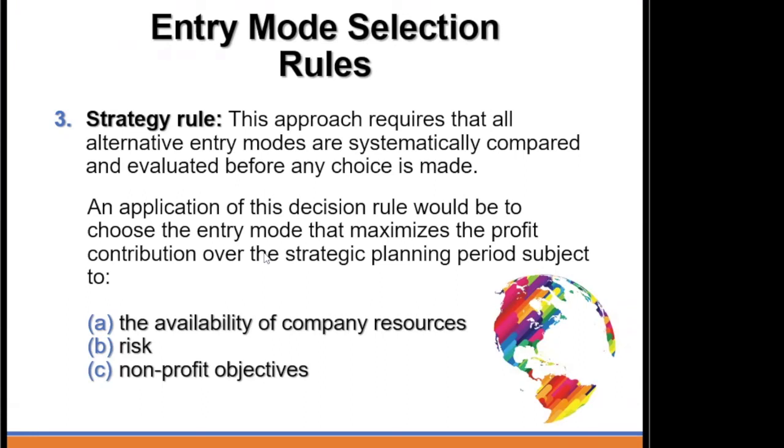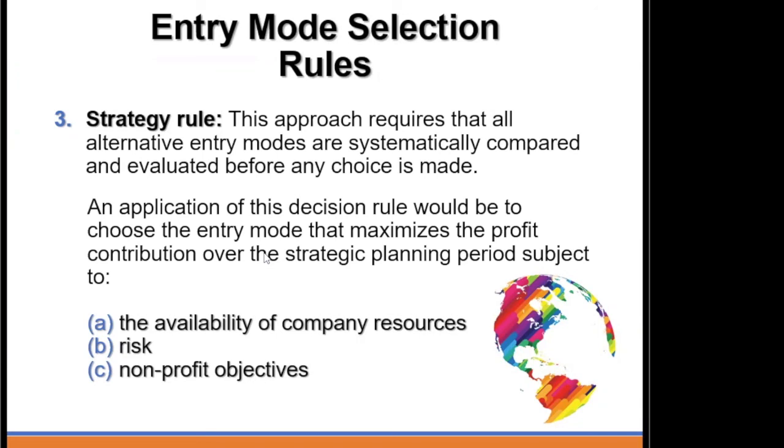So in their systematic evaluation, they would look at everything from the availability of company resources, which we talked about when we talked about the firm's internal situation, as well as the level of risk involved with selecting a particular entry mode over the other, as well as other objectives they may have apart from making profit, in addition to the micro and macro environmental factors we talked about in the external environment.